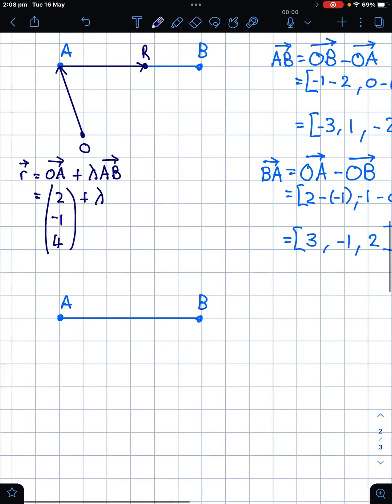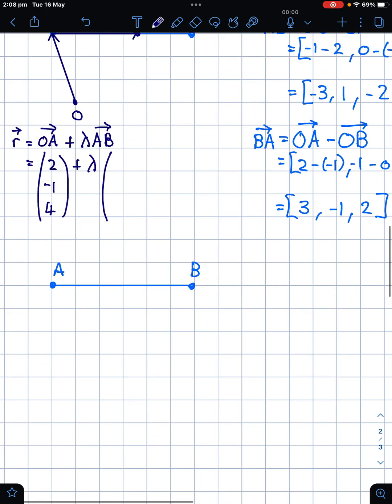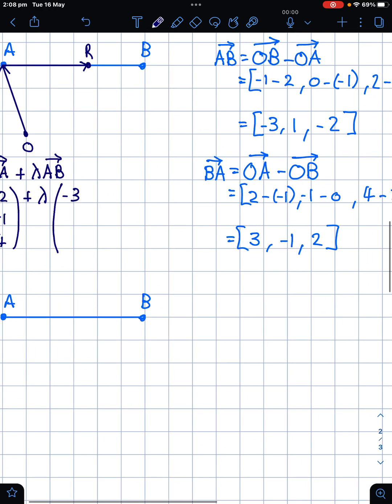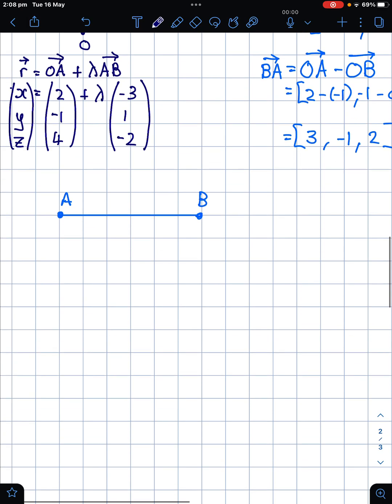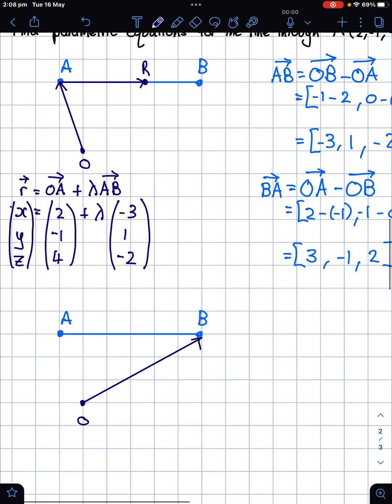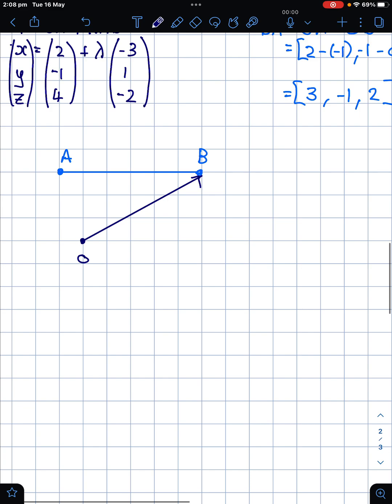So we've got here -3, 1, and -2. Okay, now I'm just going to break this into X, Y, and Z just so we can do it. Or the other option is, just so you can consider it, we could have gone to this fixed point here.